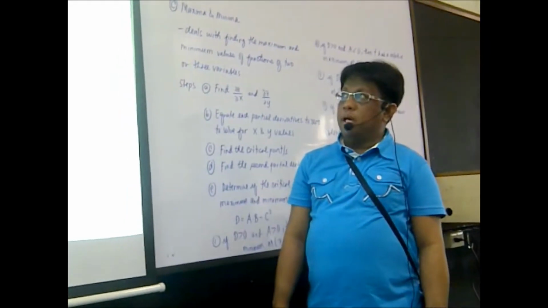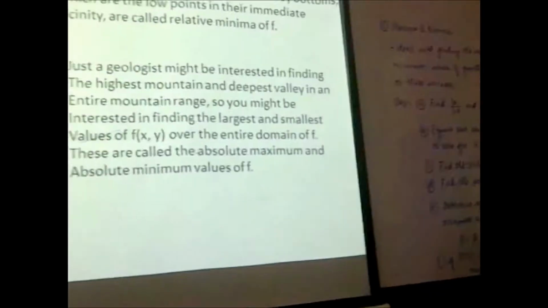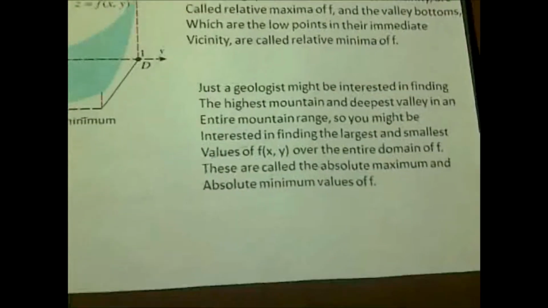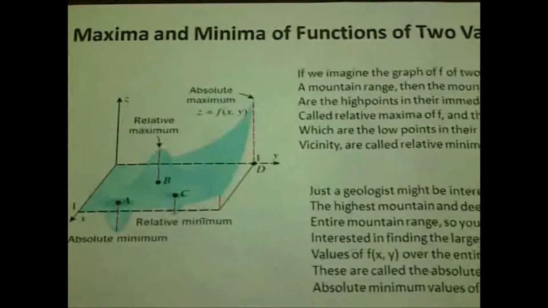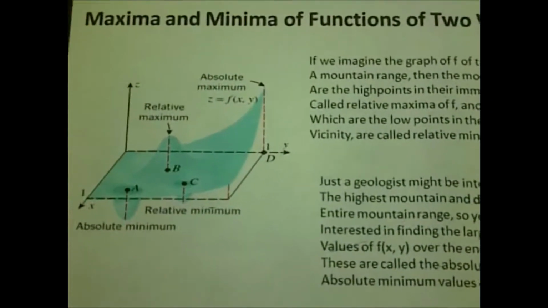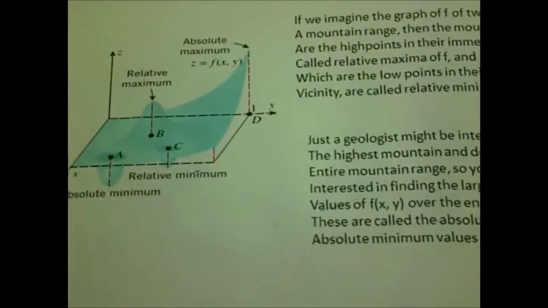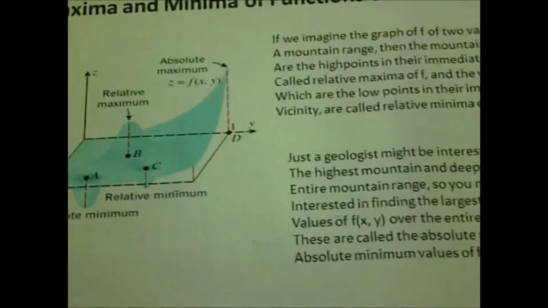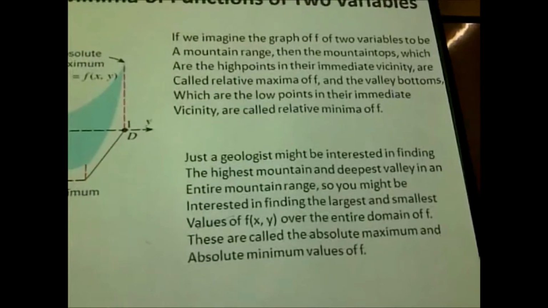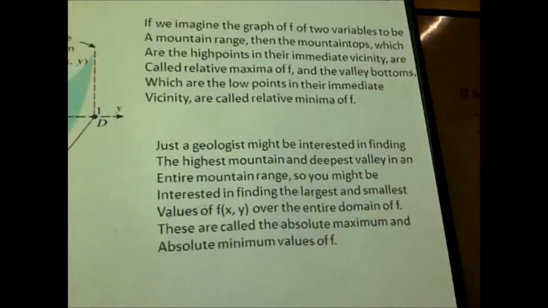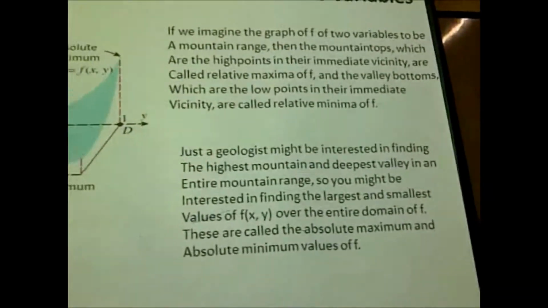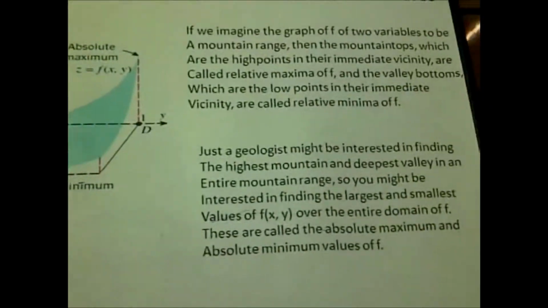We have now maxima and minima of functions of two variables. So consider the figure shown here. What can you see here, class? It is a mountain range, right? So let us imagine the graph of f of two variables to be a mountain range, just like in our figure.